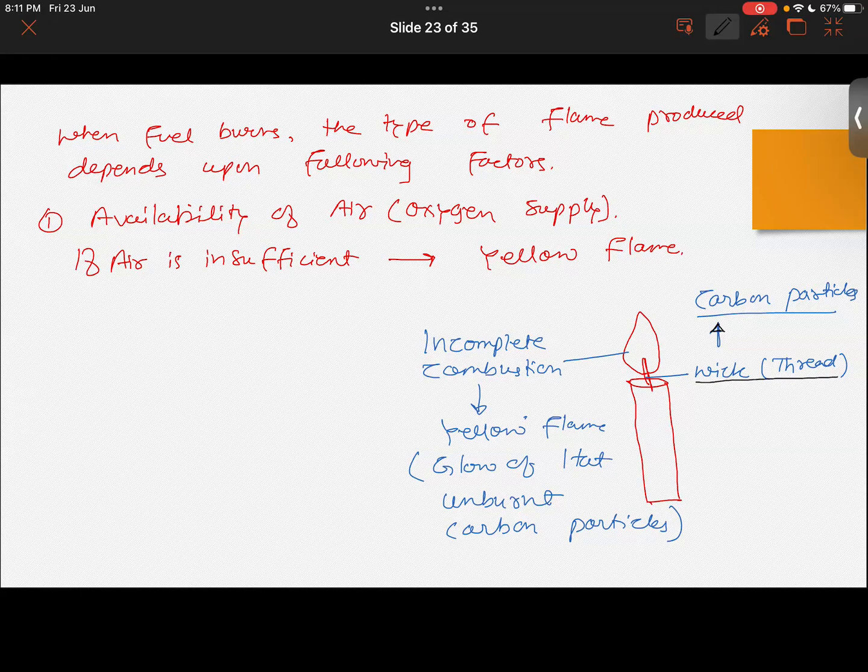The reason you see a yellow flame is the glow of hot unburnt carbon particles. The carbon particles coming off this thread are not completely burnt, so it is due to those unburned carbon particles that you see a yellow flame. Although they have not burnt completely, they glow, right guys?